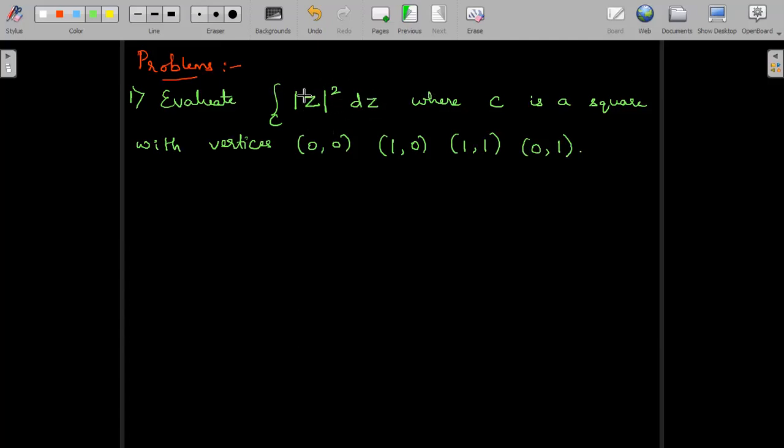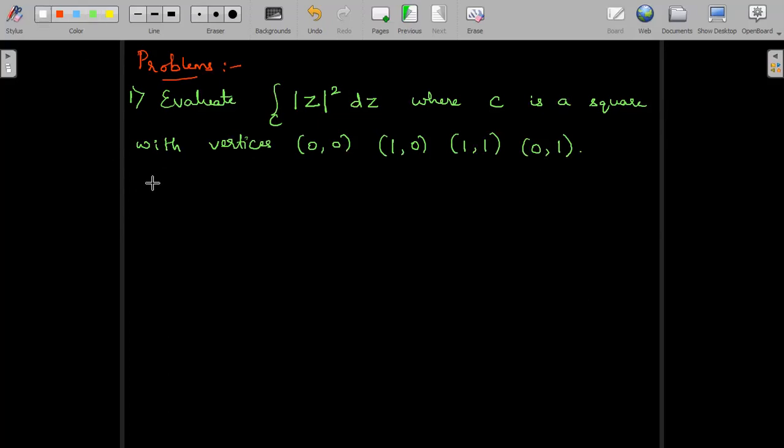So f of z is mod z the whole square, and the curve C is a square which has 4 line segments joining the vertices (0,0), (1,0), (1,1) and (0,1).